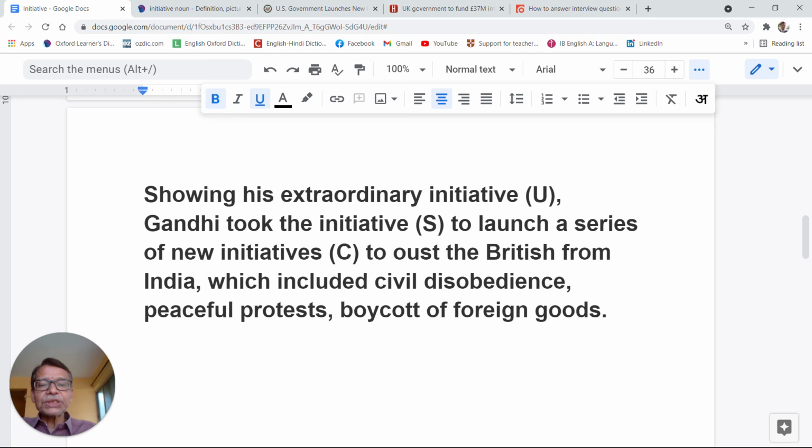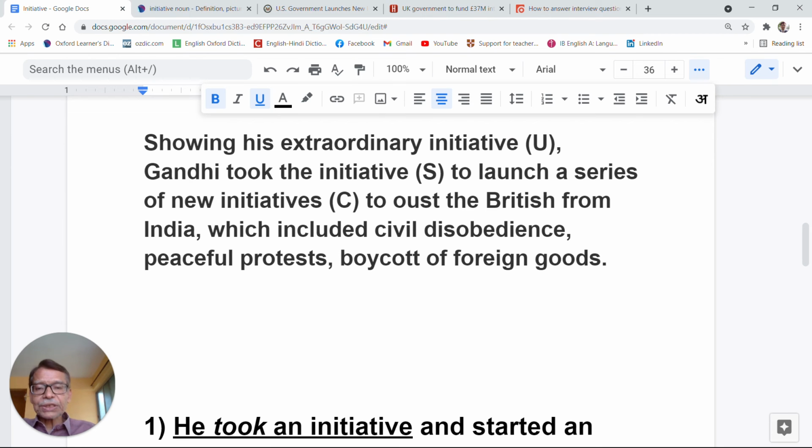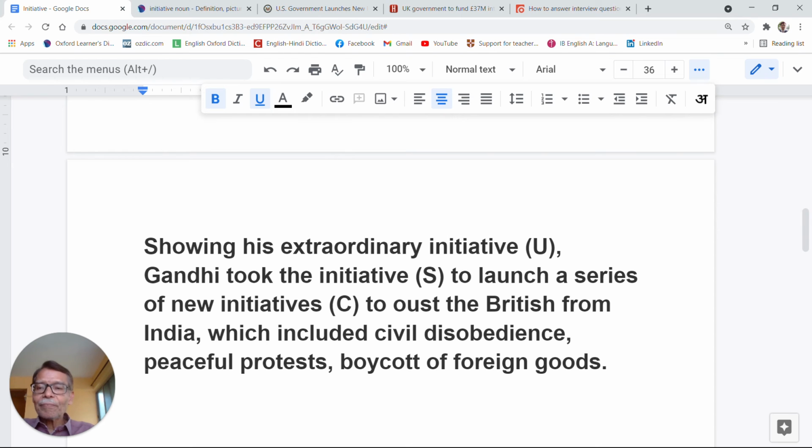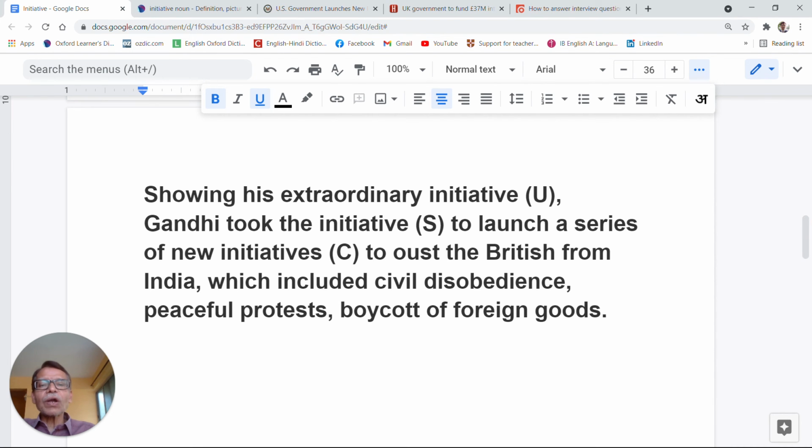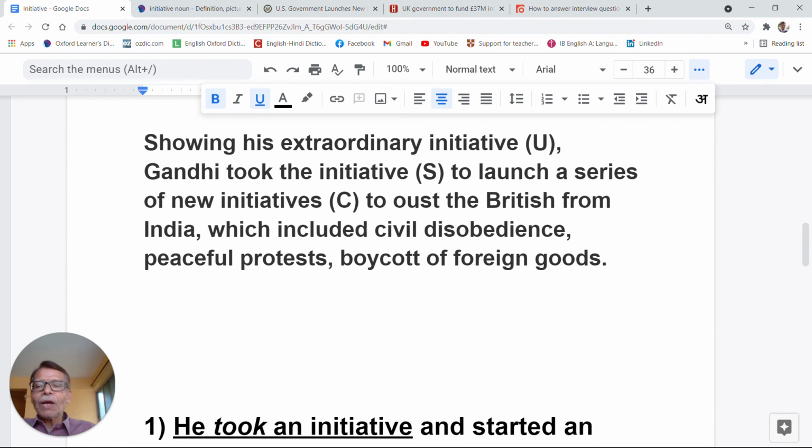Showing his extraordinary initiative, Gandhi took the initiative to launch a series of new initiatives, here countable noun, to oust the British from India, which included civil disobedience movement, peaceful protests, boycott of foreign goods, etc.